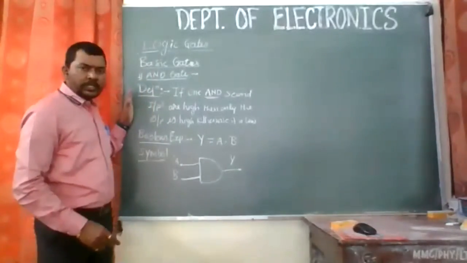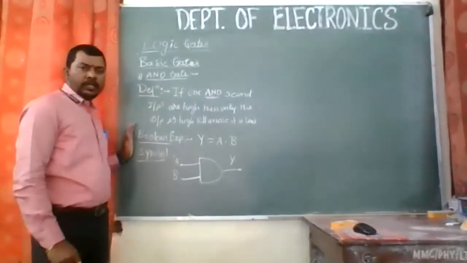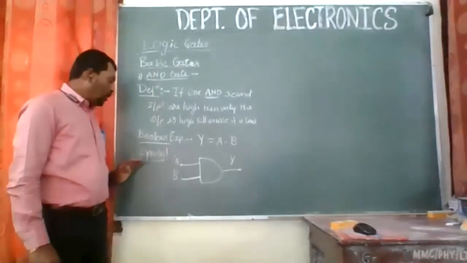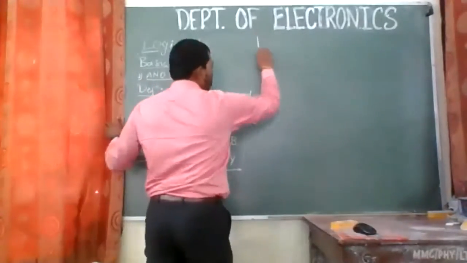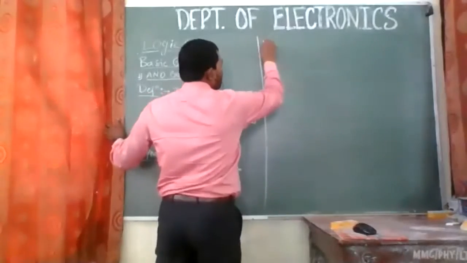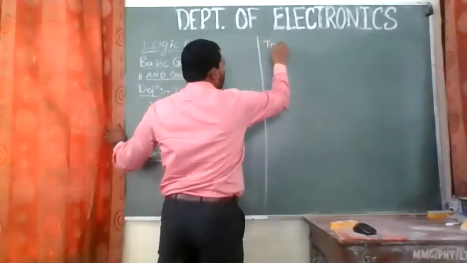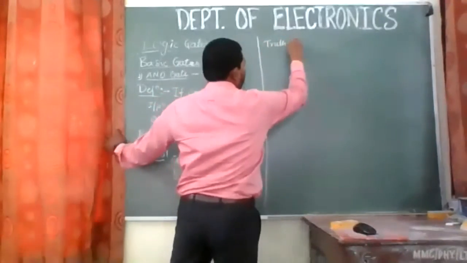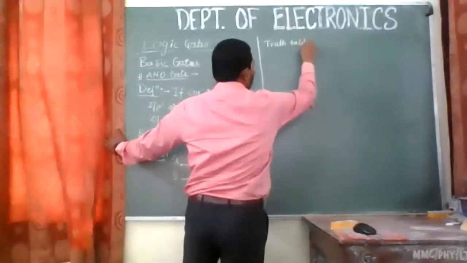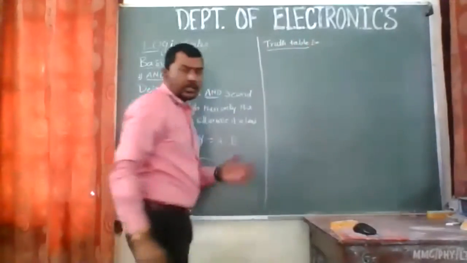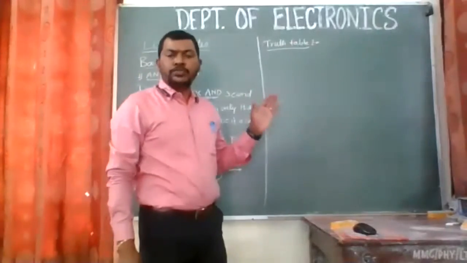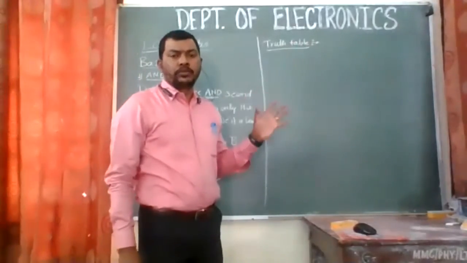So the first one is the definition, the second one is the Boolean expression, the third one is the symbol, and the fourth one is the truth table. That is what we are expecting you to write. Now the truth table is actually the way in which we give the inputs.